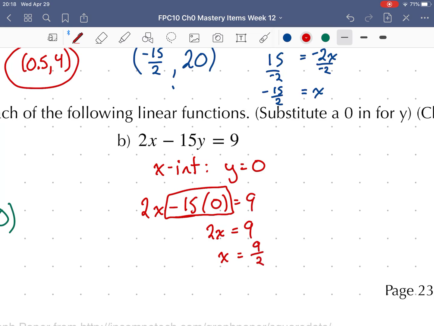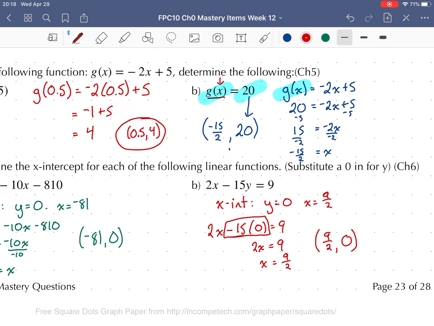Divide both sides by 2, and x is equal to 9 over 2. I'm leaving that as a fraction. You can write it as 4.5. So our x-intercept is at the point 9 over 2, or 4.5, on the x-axis, 0 on the y-axis. If you wanted to find the y-intercept, you just put 0 in for x and solve it that way.